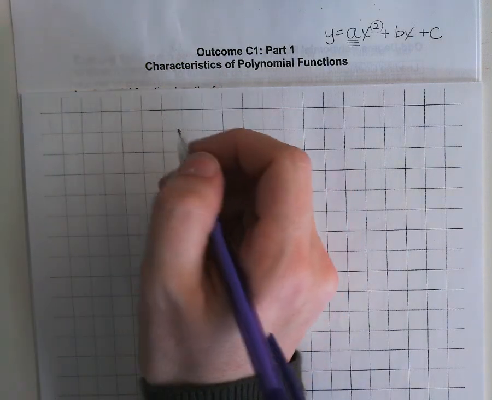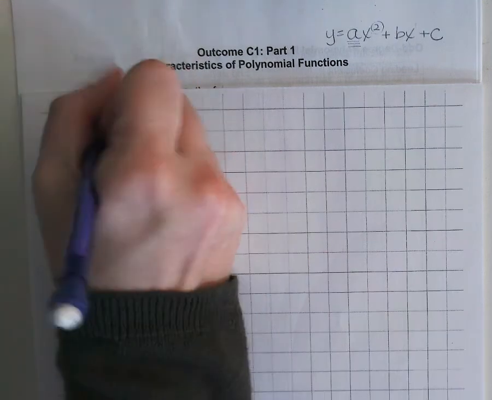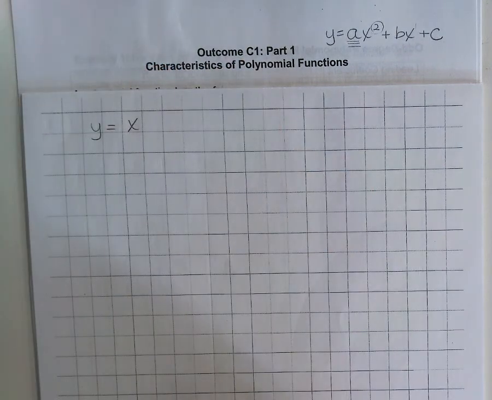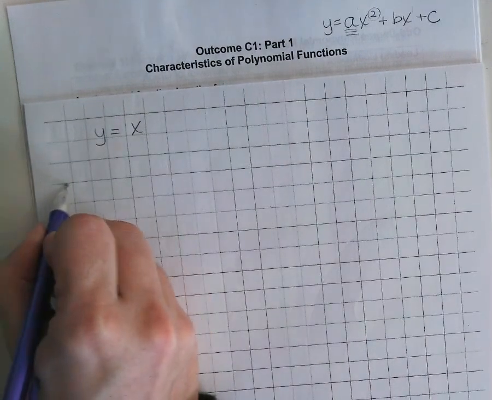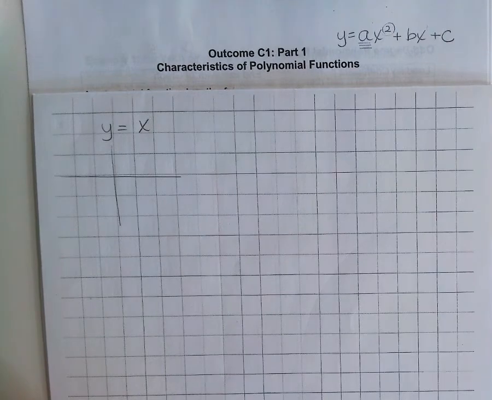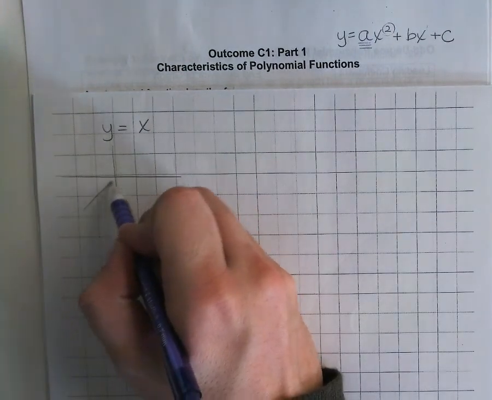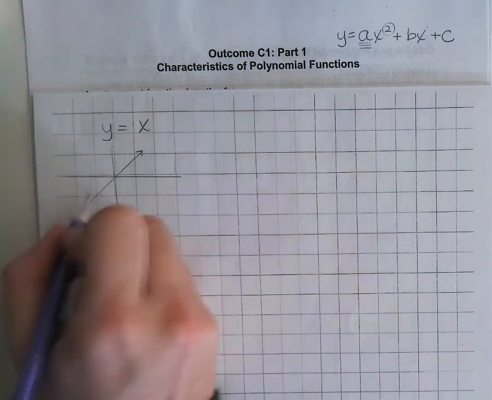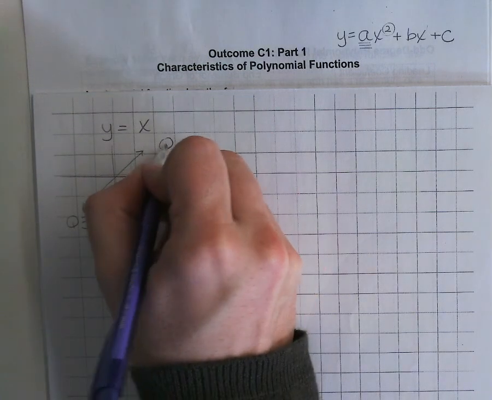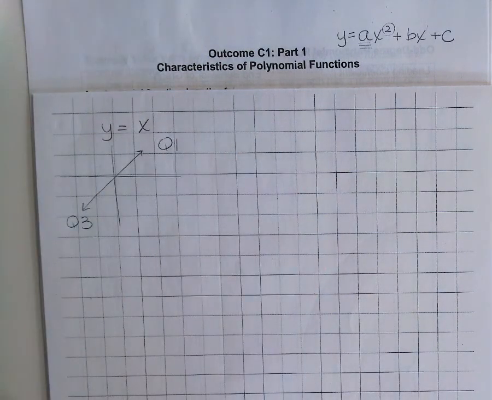So I'm going to start with the graph of y equals x. We know that this graph is a diagonal line that goes from quadrant 3 and extends up to quadrant 1.